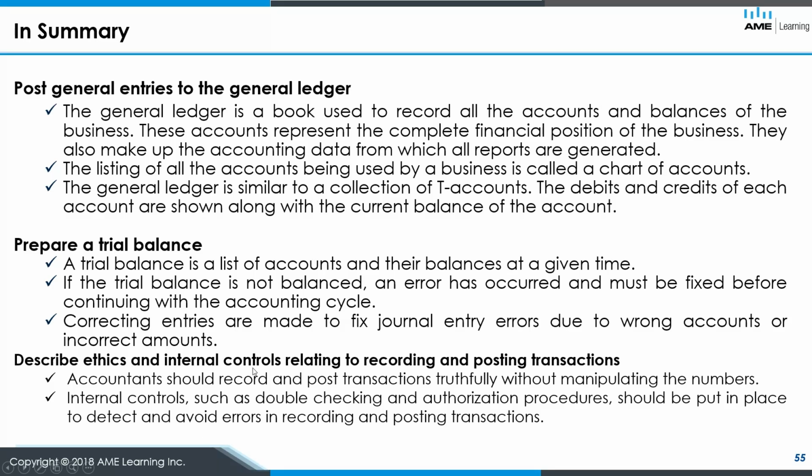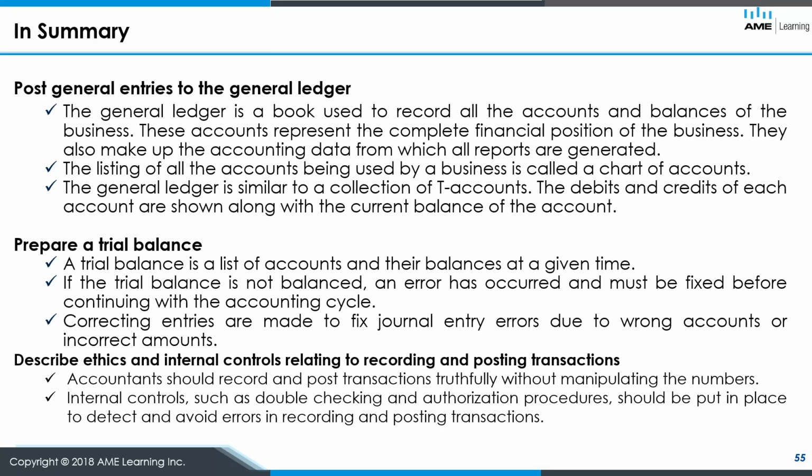And then we talked about ethics and internal controls related to recording and posting transactions, and reminding ourselves that as accountants, we are in a very sensitive position, and the work that we do can have significant impacts on the business's financial records. If those financial records are used for different things, that can have an impact.